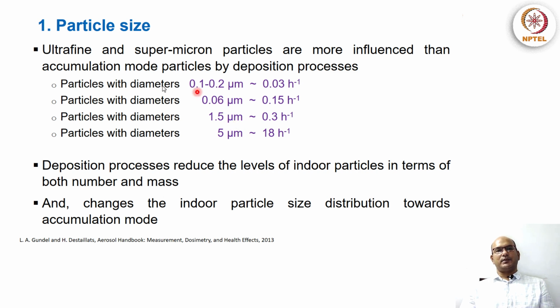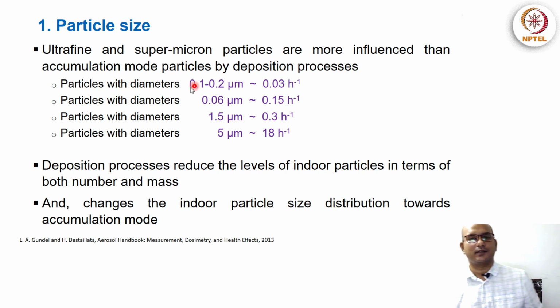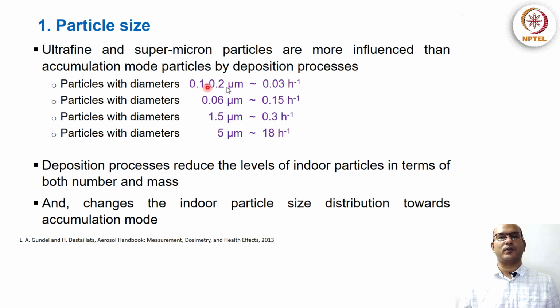This is an example. Here we have ultrafine and supermicron particles, which are more influenced than the accumulation mode particles by the deposition processes. Here we have the accumulation mode particles, approximately around 0.1 micron, and you see the deposition rate coefficient is low, 0.03.